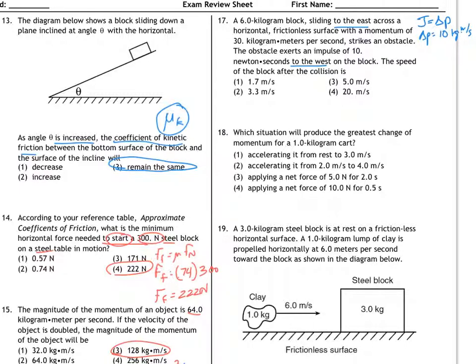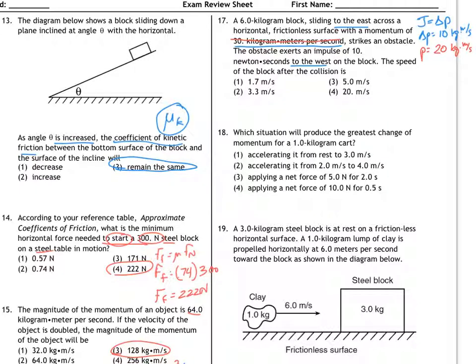So although we start at 30 kilogram meters per second, we also know that the change in momentum was 10 kilogram meters per second. And the original direction was east, but the impulse is west. So in short, the actual momentum of this object after the collision is no longer 30. Instead, it's going to be 30 minus 10, or 20 kilogram meters per second.